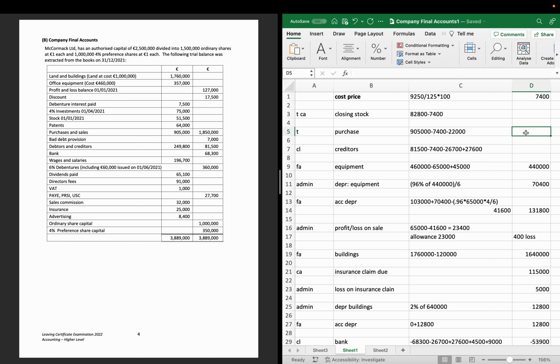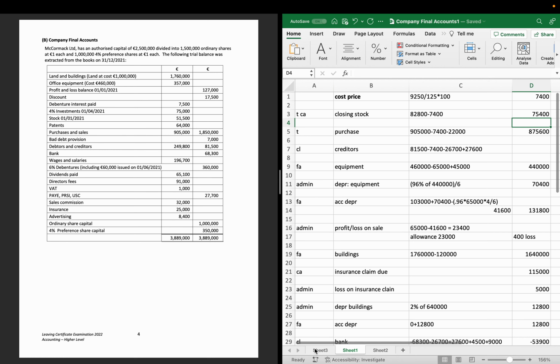So I should have done these out. So 875,600. Just do the closing stock there as well, 75.4.